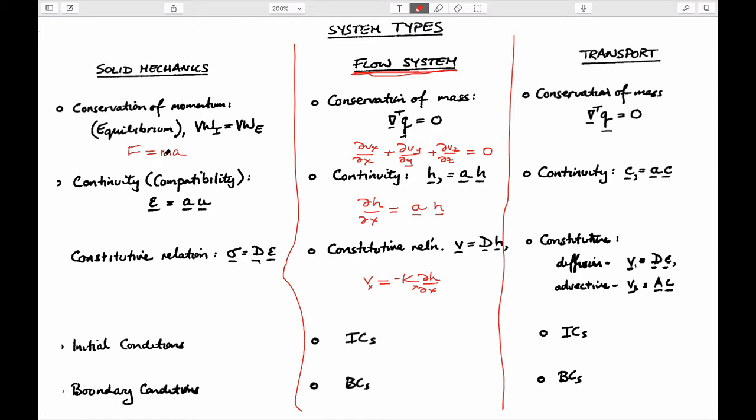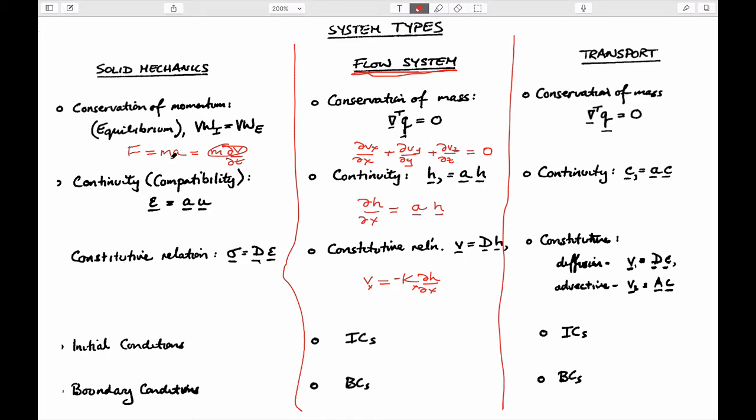Force is equal to mass times an acceleration. We could also write it as the rate of change of velocity with time, right? So mv is momentum, d/dt of mv is the rate of change of momentum. So the conservation equation for solid mechanics is basically Newton's second law.